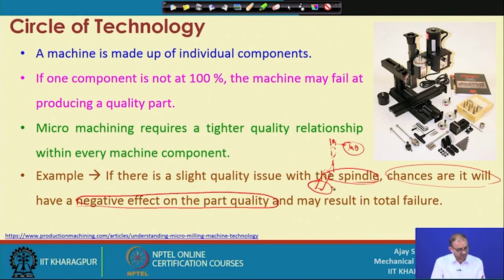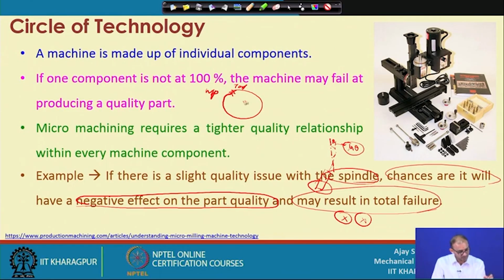Sometimes you get the machining done, but it is not exactly as per the specification, and sometimes it is a total failure. Either the workpiece is not acceptable and the tool is also broken before you do further operation on the component. So, circle of technologies, that means you need a full circle here. So, this is your machine, this is your tool and this is your workpiece. Both things should match.